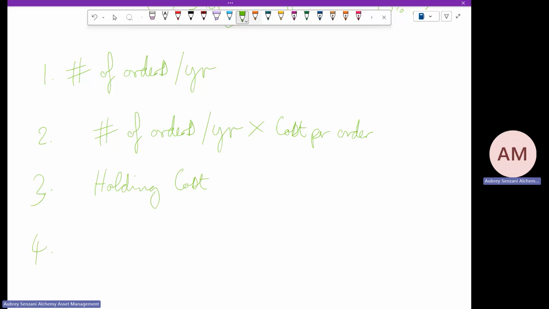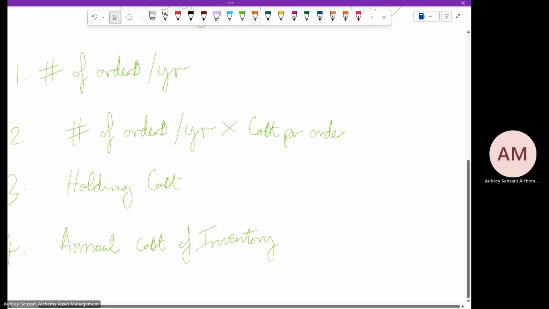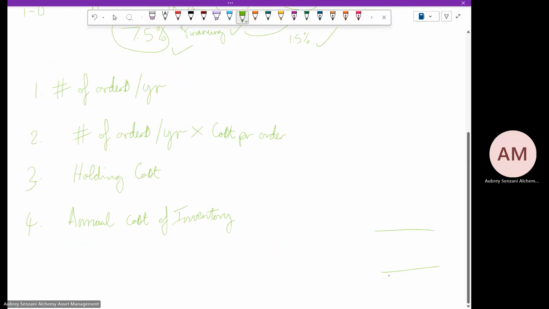And number four, you're going to then say the annual cost of your inventory now. The total that we get, okay, on our current policy will then be compared to the total that we get on our proposed. All right, so let's fill this in.